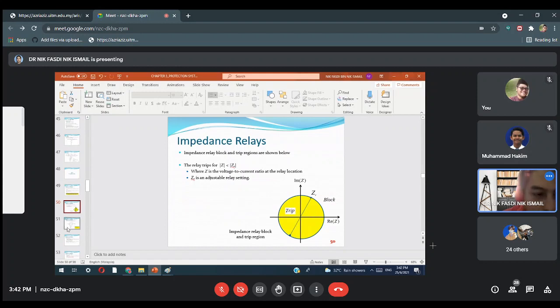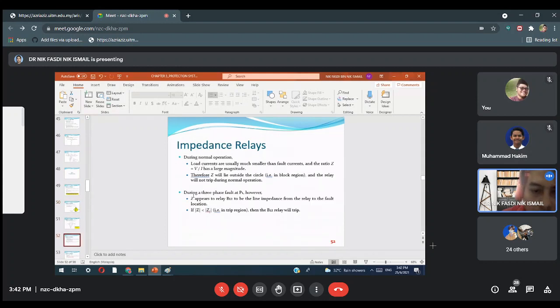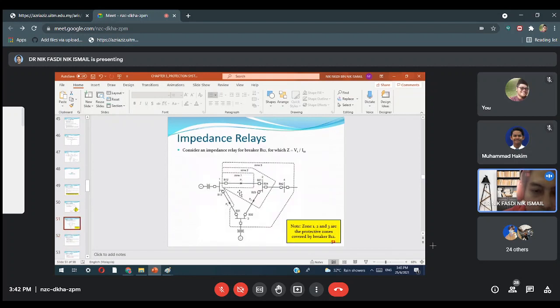So Z appears to relay B12 as the line impedance from the relay to the fault location. If Z is smaller than ZR, in the trip region, then B12 will trip. So back to the second, if Z is smaller than ZR, Z is registered, so B12 will trip.